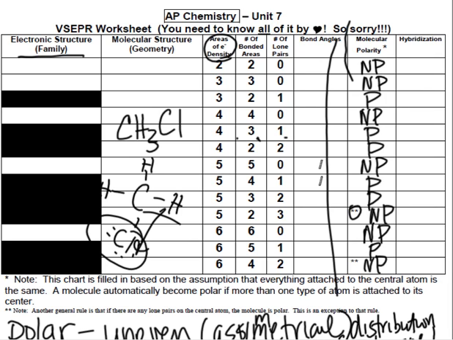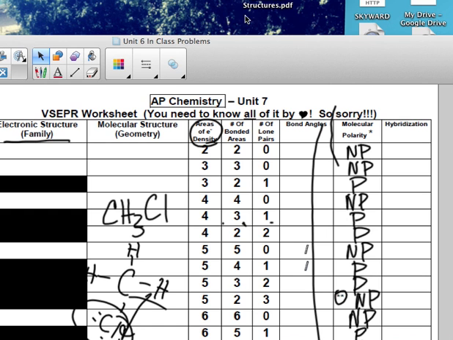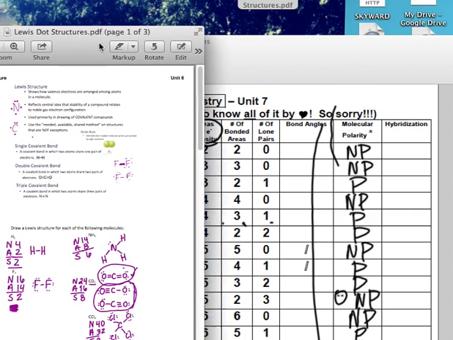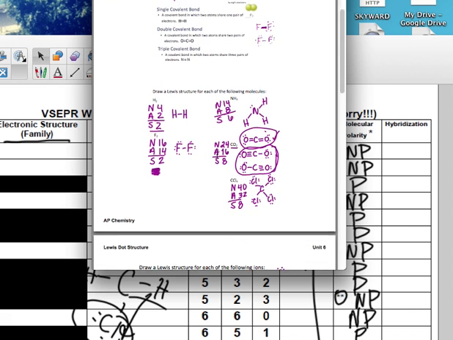Okay? So what I want to do now, and you guys can go back in your notes, I'm going to pull up the filled-in notes from the day we did Lewis structures so we can practice applying these pieces of information. So it starts on this page.